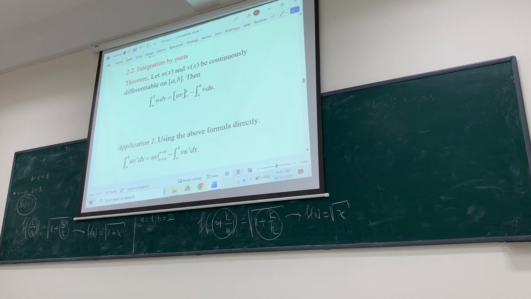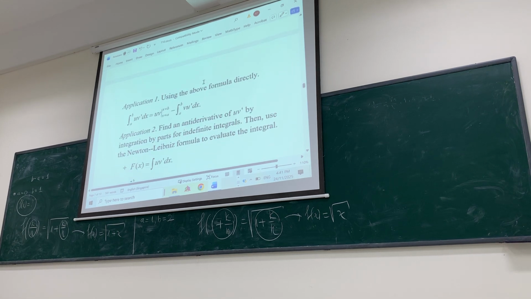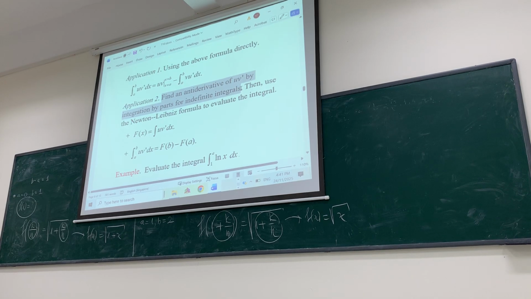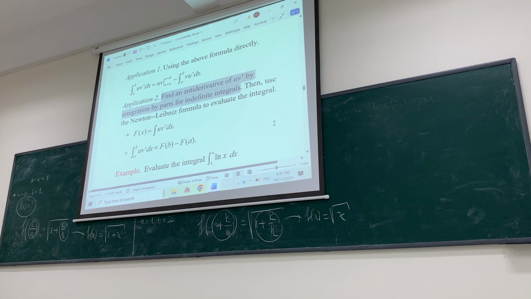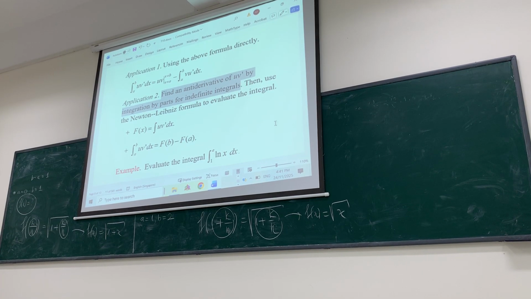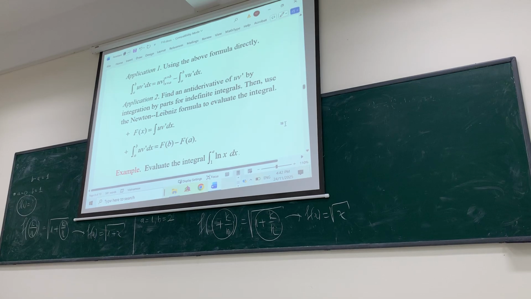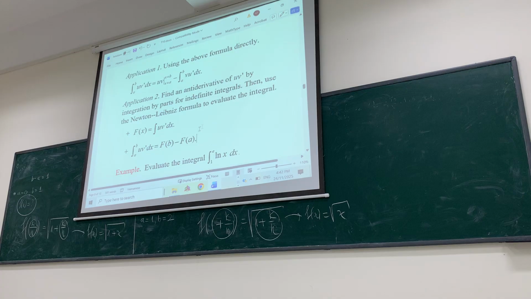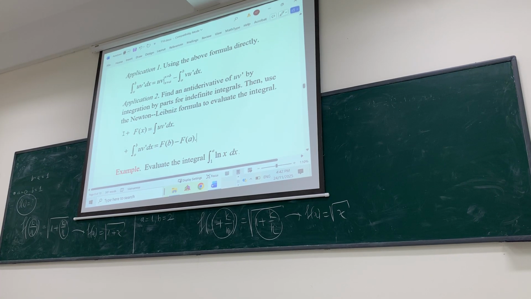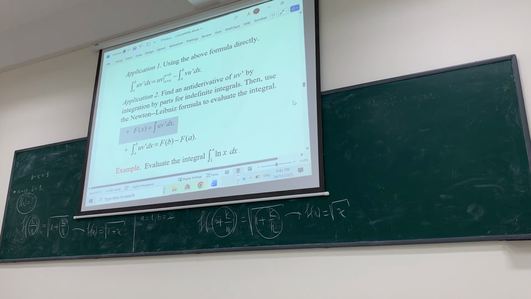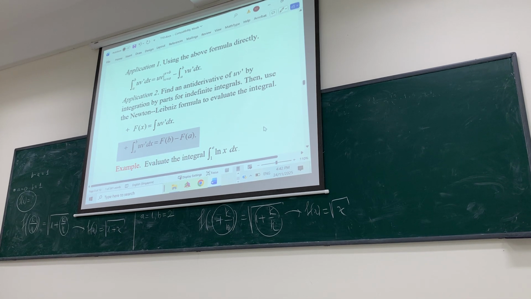Second way: first, apply integration by parts for the indefinite integral, then we use the Newton-Leibniz formula to evaluate the integral. That means first, you find the antiderivative of the function u v prime. Second, we use the Newton-Leibniz formula to estimate.